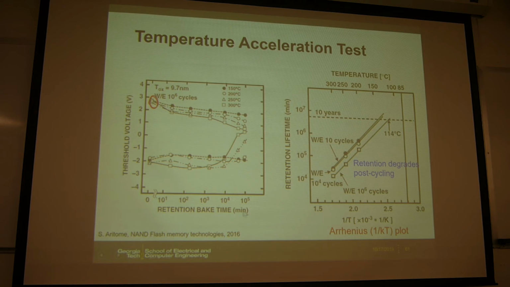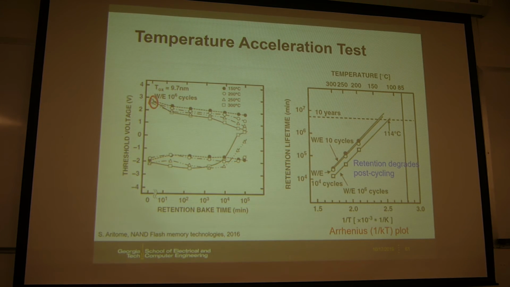This is in the minutes, okay. So you are not waiting for years. So you are waiting for maybe a few hours, a few days, okay. Then, due to this loss of the electrons, the threshold voltage will decrease over time. But as you see here, 150 degrees C, these black ones, the degradation is the slowest. And then as you increase the temperature to 300 C, the degradation will become faster.